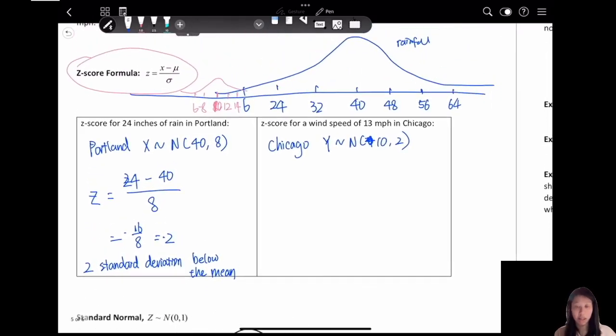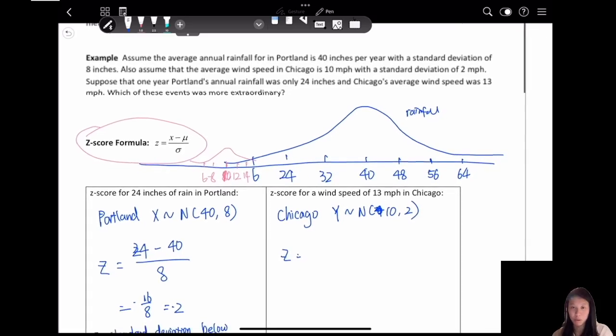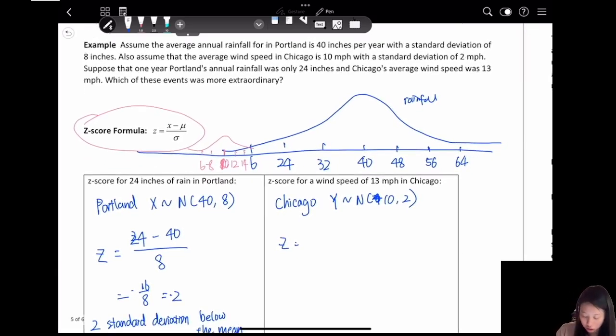Okay, so now let's calculate the Z-score for the Chicago wind. They say in one year, Chicago's average wind speed was 13. So now let's do it. 13 minus Chicago's average wind speed, which is 10, over the standard deviation, we have 3 over 2, which is 1.5.